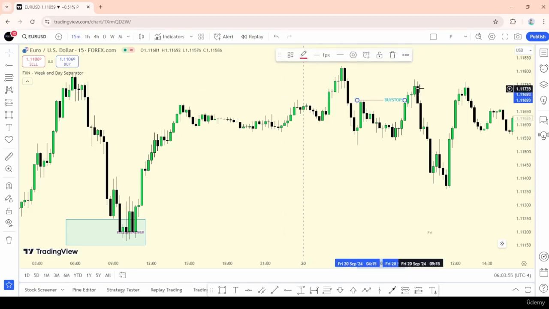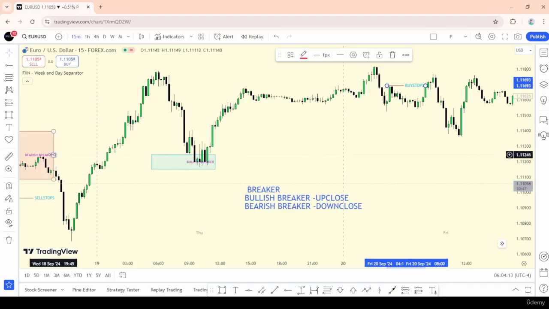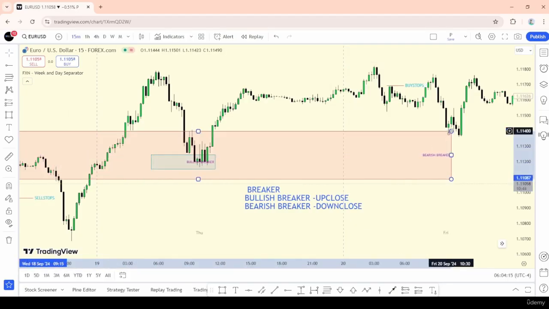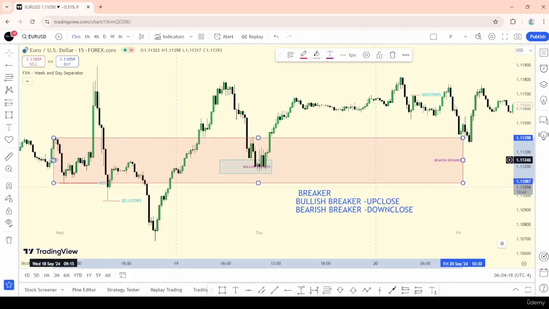Immediately when we ran these buy stops, the market ran further back down towards this low. So in that area or zone of buy stops, where the market immediately ran down, we have to look out for our bearish breaker. So this is our bearish breaker.